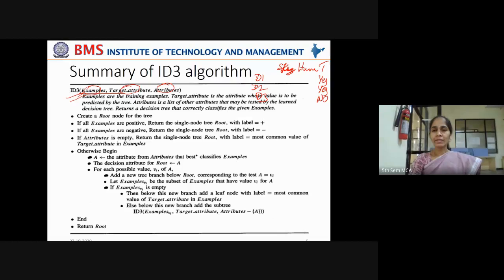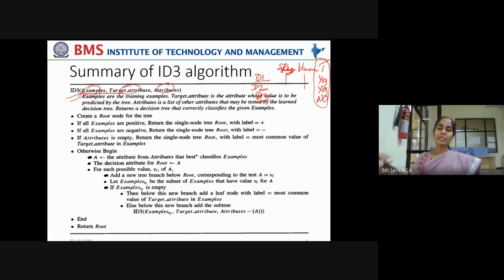Now, this D1, D2, D3 are called training examples. This sky and humidity are called attributes, and this final column is called the target attribute or the target label for that training example.